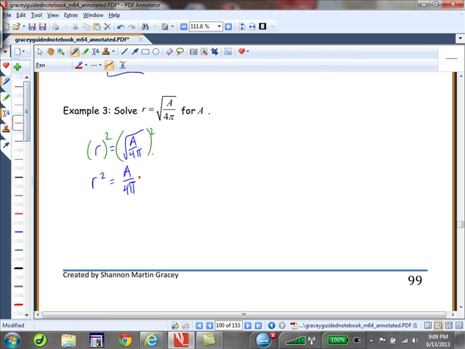Now, if I multiply both sides by 4 pi, this divides out to be 1, and we get 4 times pi r squared is equal to a. So, of course, a would equal 4 pi r squared. And we're done.